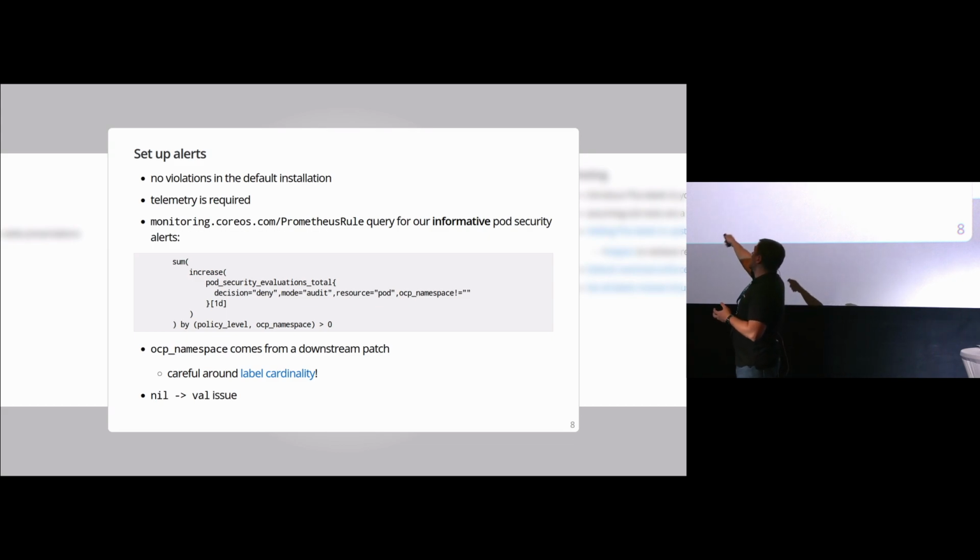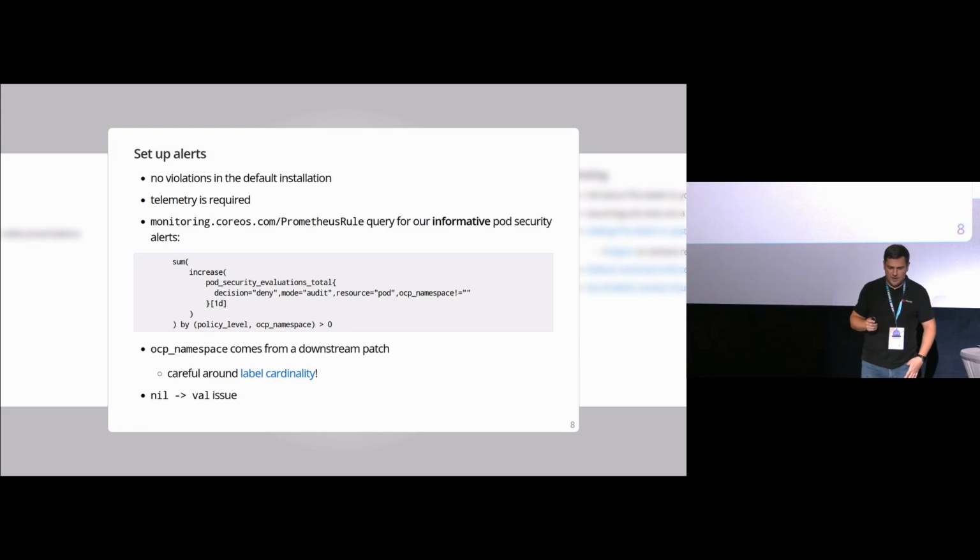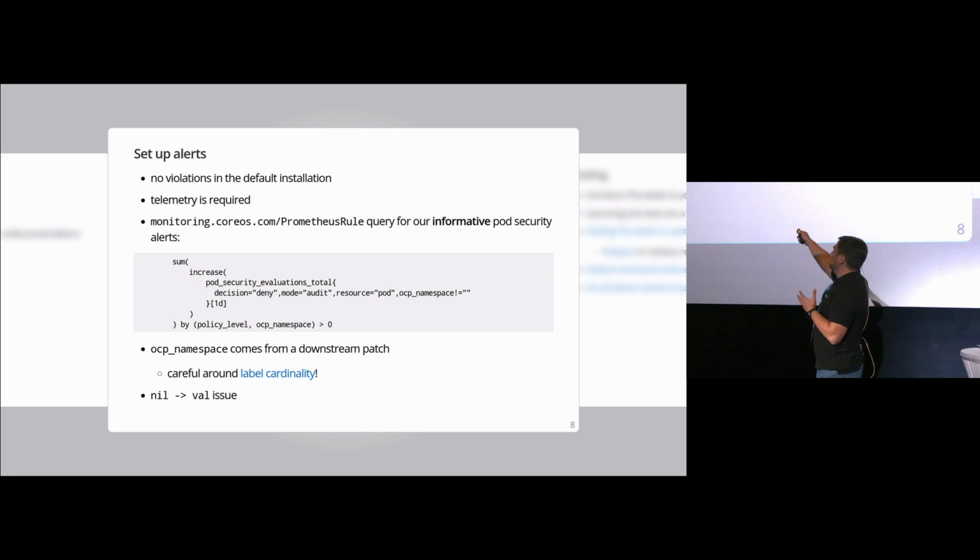And so we are really only interested in pods in this case, because pods are the thing that we might be mutating in the end. And I should also point out the OCP namespace, because that's a label that we added ourselves, just to help us a little bit, because otherwise you wouldn't really know what was happening in the cluster, or which pod actually failed.